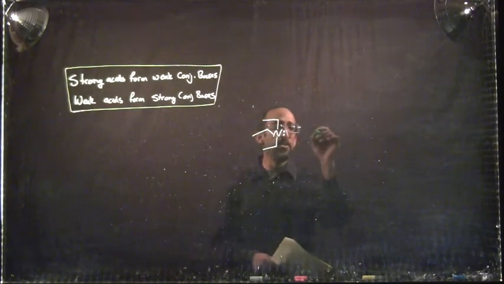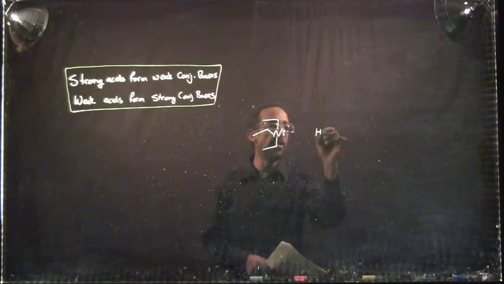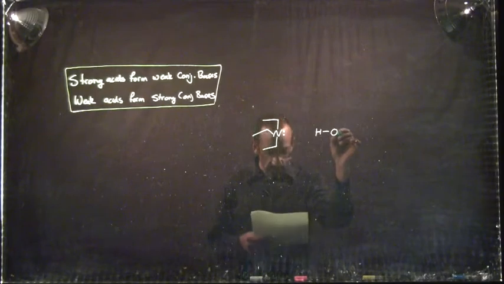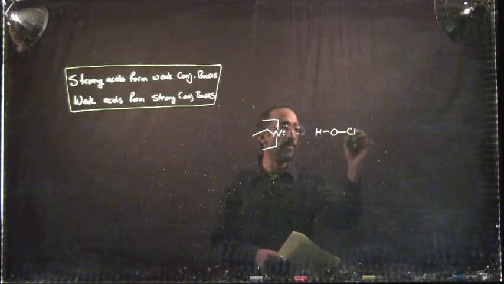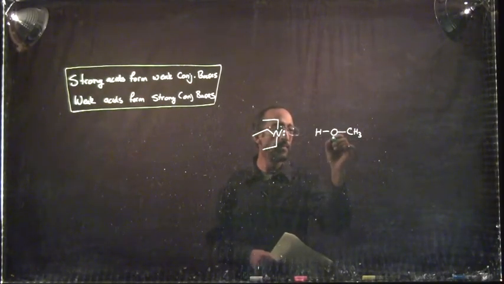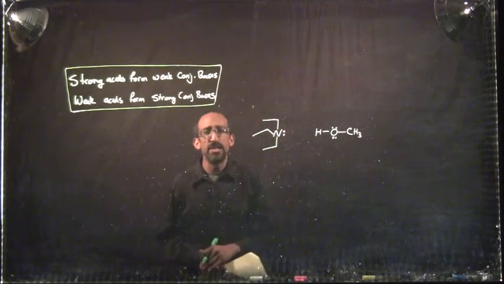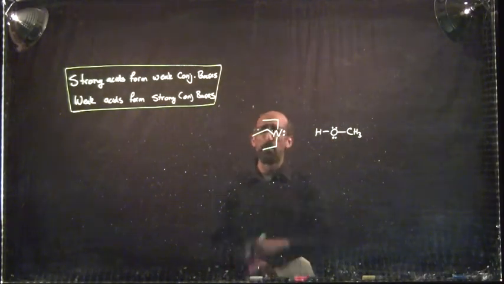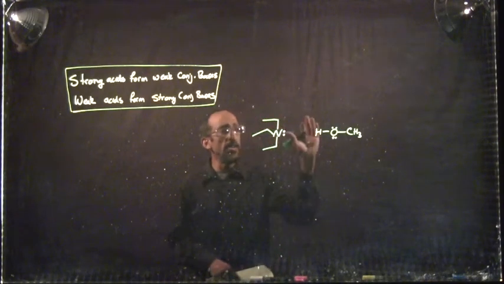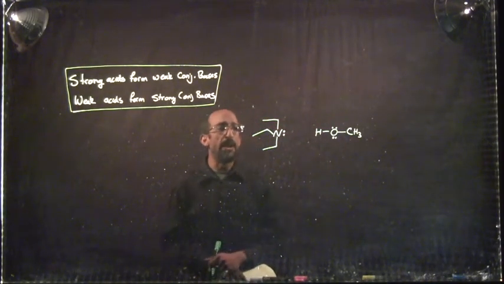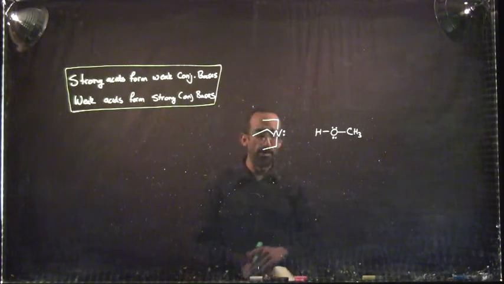And I'm going to use an alcohol oxygen-based acid. Here specifically I'm going to use methanol. And I know that triethylamine is my base because it doesn't have a proton to donate. And I know that my methanol is going to be my acid because it does have a proton to donate.